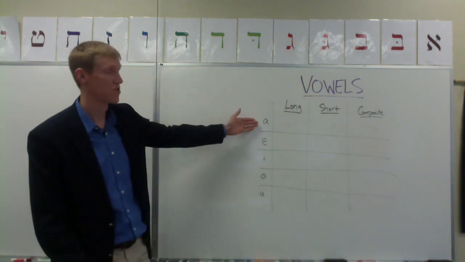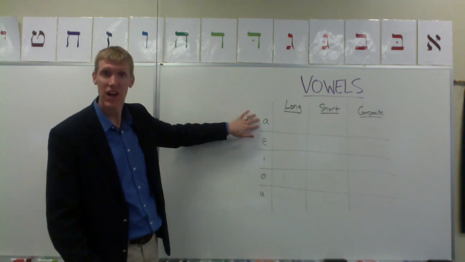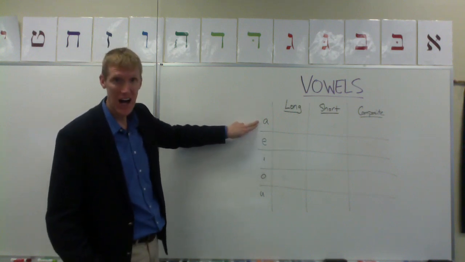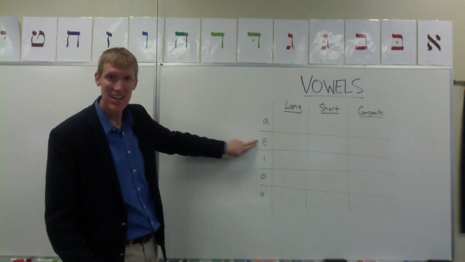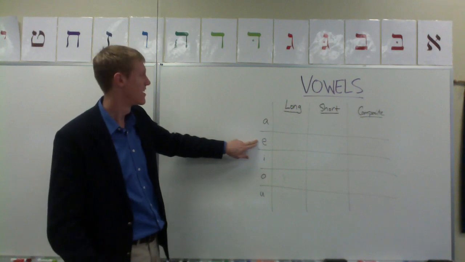I've got them written here. So we've got ah sounds. They call them A class vowels, but the sound is ah. Then the E sound, represented by the letter E, which can be a little bit confusing.